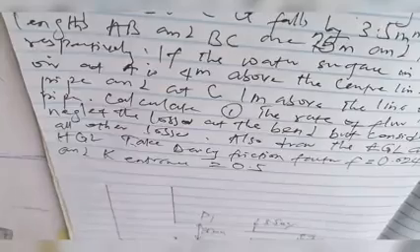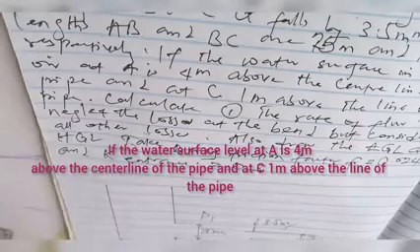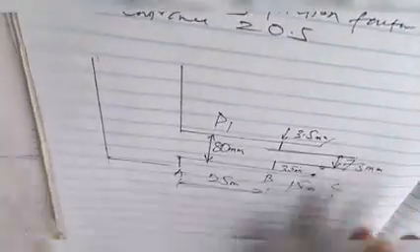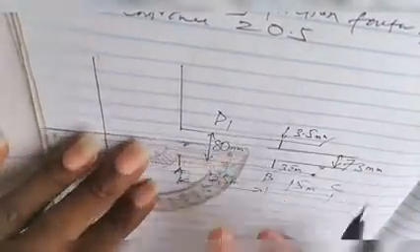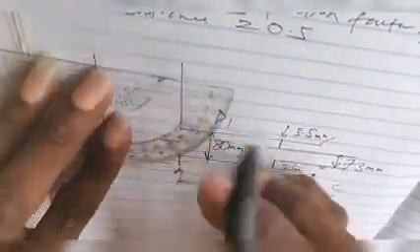Now, the next thing to find is the height difference. The question says the water surface in the reservoir at A is 4 meters above the center line and at C is 1 meter. All right, so this is the center line of the pipe, and this is the water surface in the reservoir.